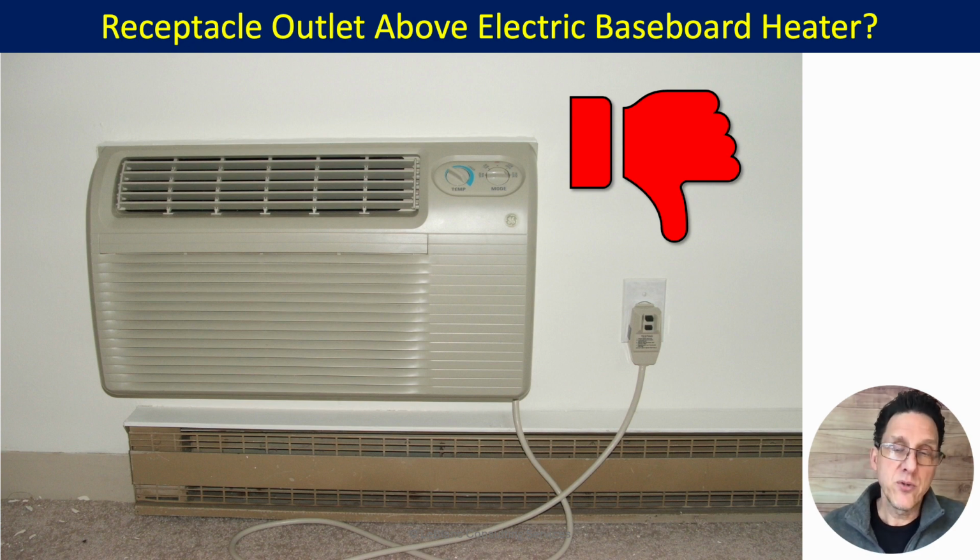And if you looked in Article 210 or Article 406 for receptacles, you're not going to find anything that says you can't install a receptacle there. However, if you looked up the instructions or the listing information for electric baseboard heaters, you would find some very important information. So let's take a look at that.